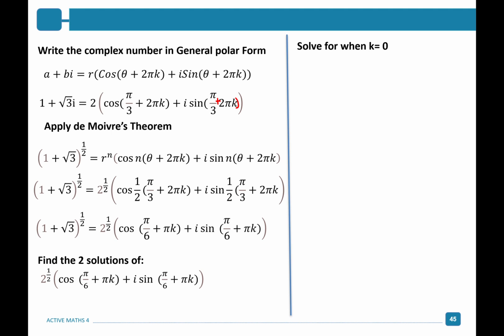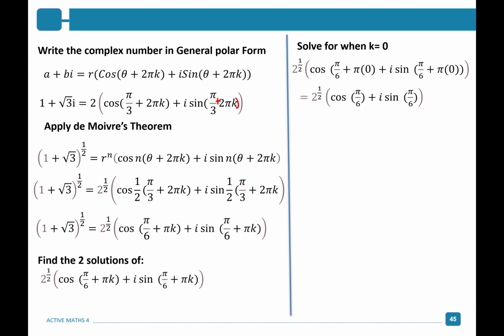If we were solving for more than two solutions, we would continue to substitute in for k is equal to 2 and k is equal to 3, etc. In this case, we're left with 2 to the power of a half times cos of pi over 6 plus pi times 0 plus i sine pi over 6 plus pi times 0. This leaves us with 2 to the power of a half times cos of pi over 6 plus i sine pi over 6. This is our first value for z.